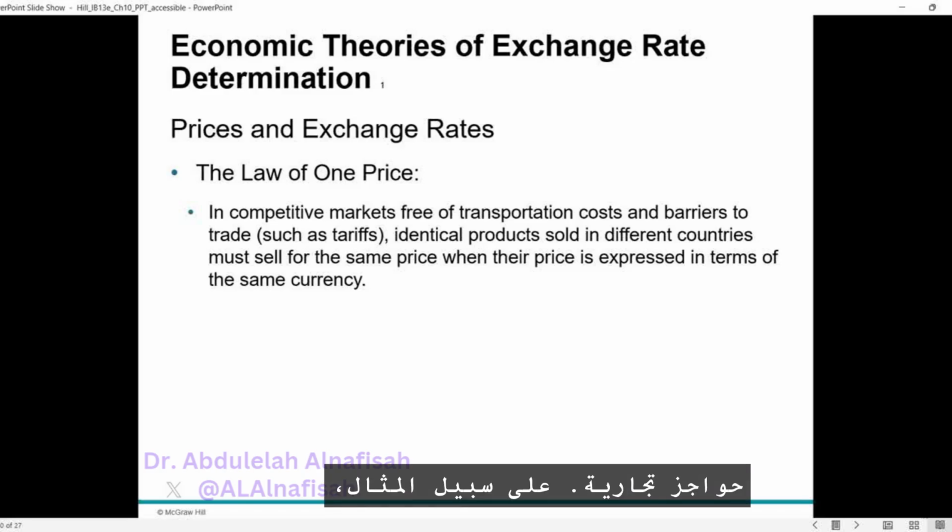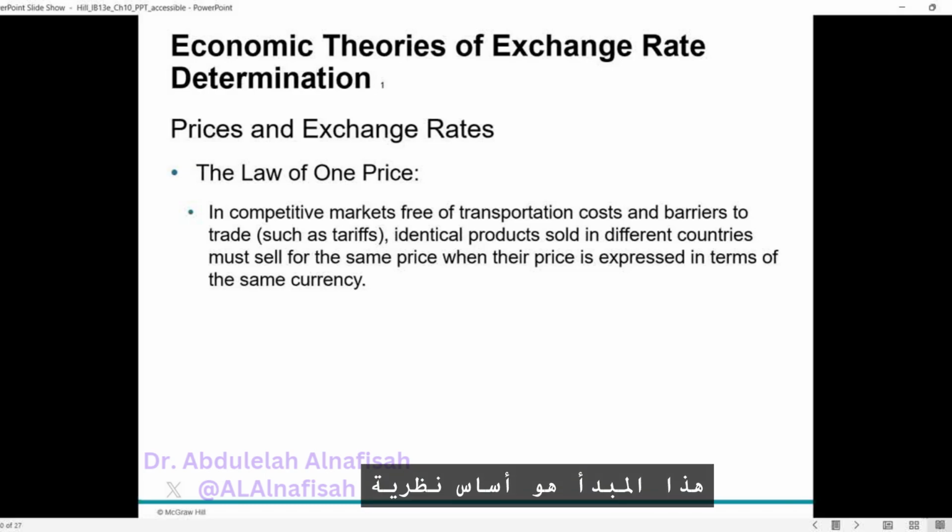For instance, if a jacket costs $80 in New York and the exchange rate is £1 equal $2, the jacket should cost £40 in London. If the price differed significantly, traders would exploit this by buying the jacket where it's cheaper and selling it where it's more expensive, arbitrage, leading to price adjustments in both locations until prices equalize.